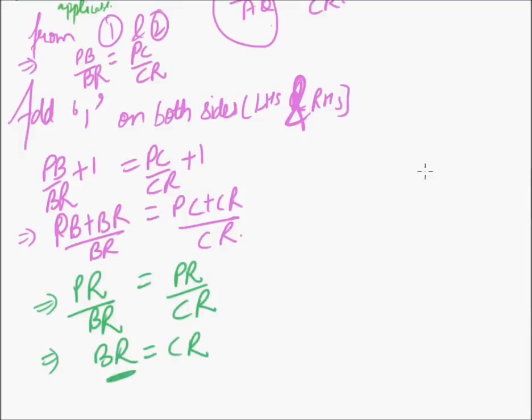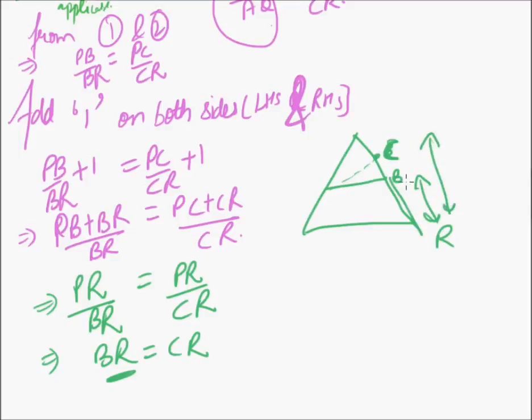Now friends, this was the triangle which we have constructed. Here is the point B and here is the point C. Now BR can only be equal to CR when C coincides with B. Otherwise, these two lengths can never be equal.